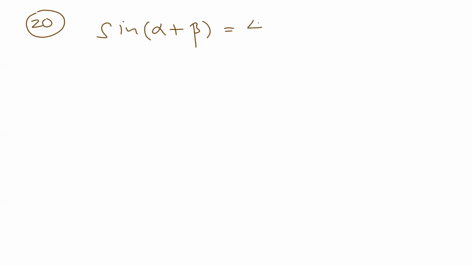Okay. And sine alpha minus beta, this value is also given, and that is 5 by 13. And alpha plus beta and alpha minus beta are acute angles. So remember one thing, alpha plus beta and alpha minus beta are in first quadrant.